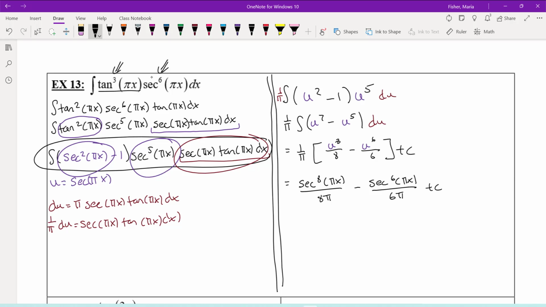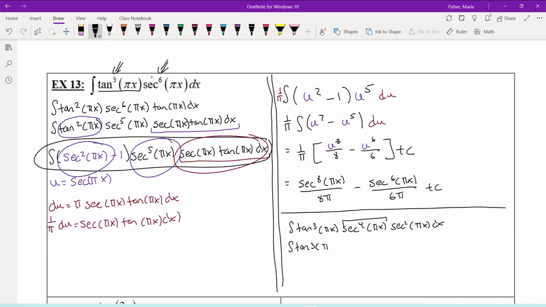Now, if we would have saved a secant squared, if we would have done it the other way around, we would have ended up with tangent cubed of pi x, and then secant to the 4th of pi x, secant squared of pi x dx. And then we would have changed this into tangents. I'll do that really quickly.